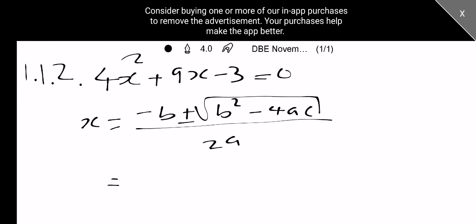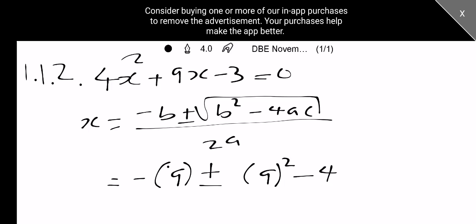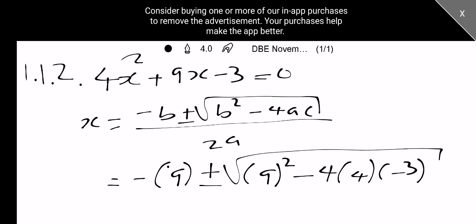Our b is 9, so it's going to be negative 9 plus or minus the square root of 9 squared minus 4, our a is 4, our c is negative 3, all divided by 2, our a is 4.